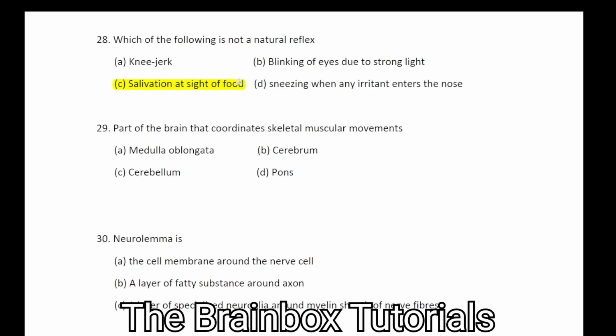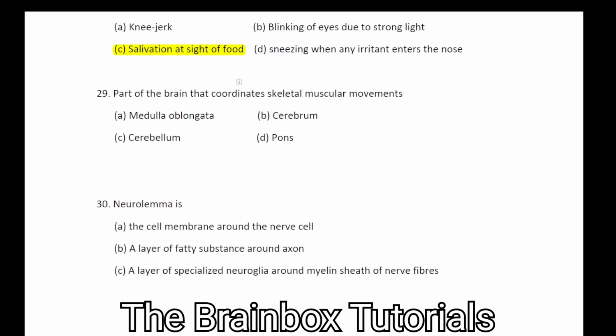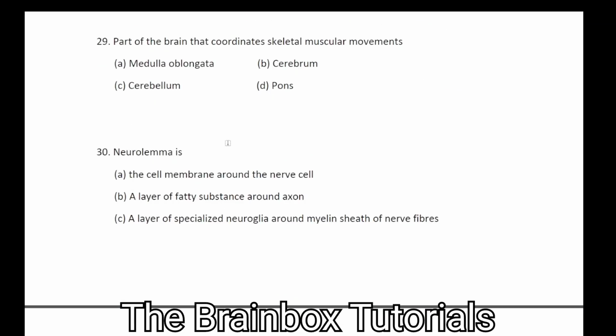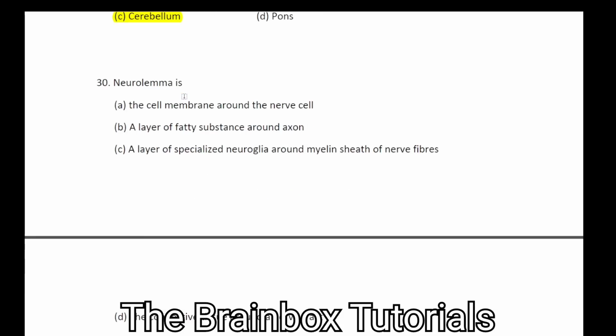All the other three are natural reflexes. Now number 29. Part of the brain that coordinates skeletal muscular movements. Options are A medulla oblongata, B cerebrum, C cerebellum, and D pons. Correct option is C cerebellum.